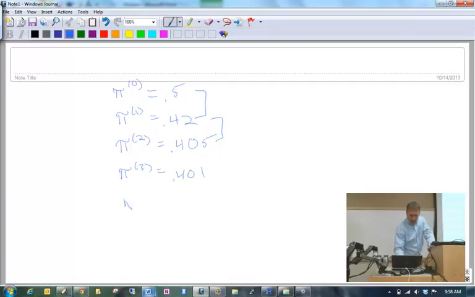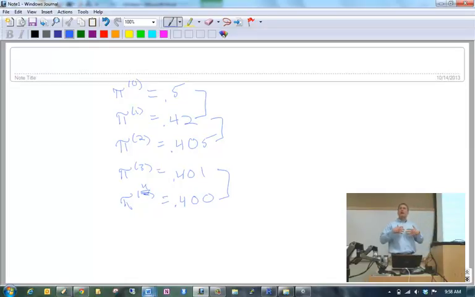And this whole process keeps on going and going, until you reach a point where there's very, very little difference in successive iterations. And when that happens, you say that your method has converged. It has converged to the actual estimate that you're looking for.